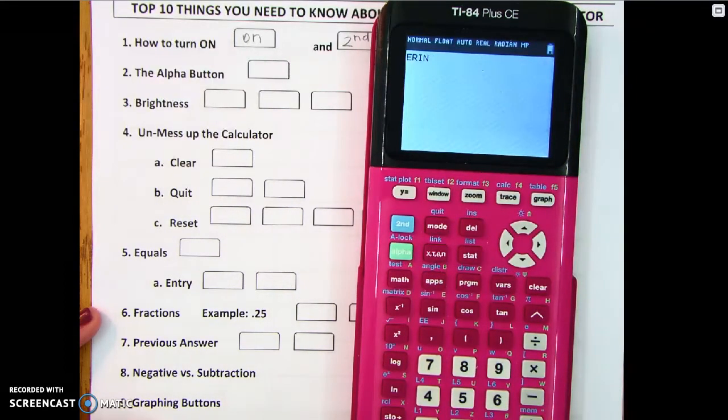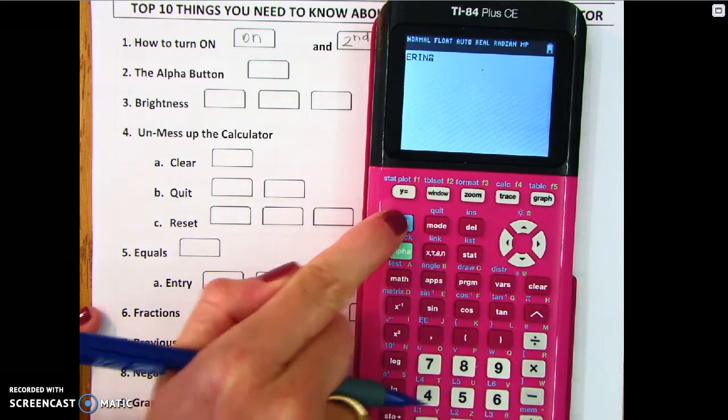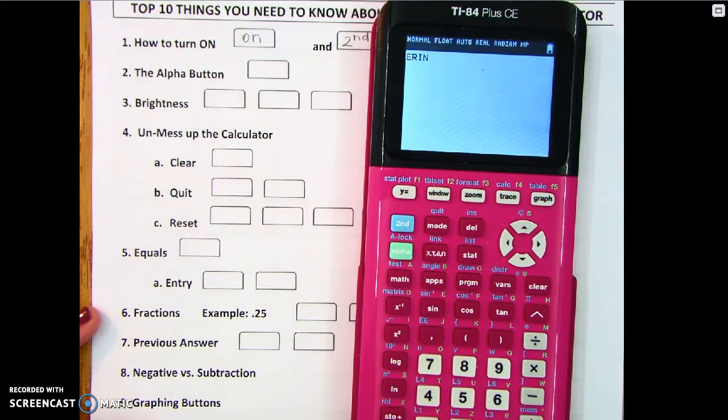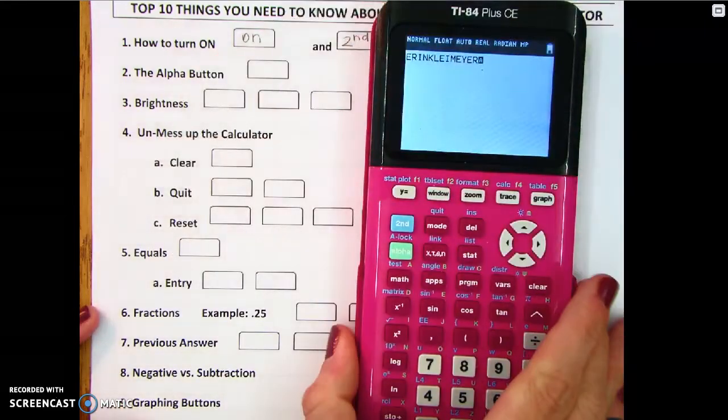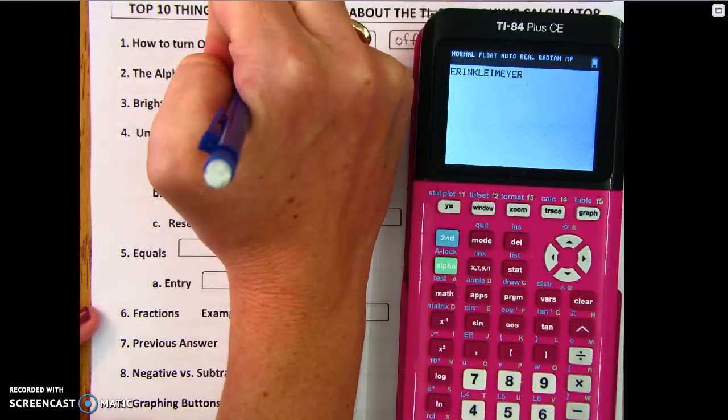That's the alpha button. That's how you get the letters. If you hit second and the alpha button, it's alpha lock, so you can just continue to type with the alpha lock button. So the alpha button right here in green says alpha.